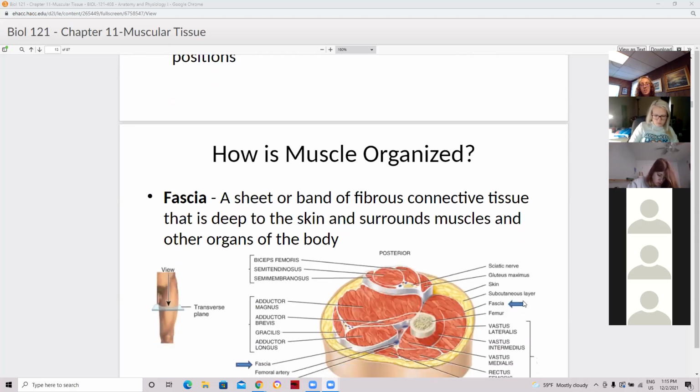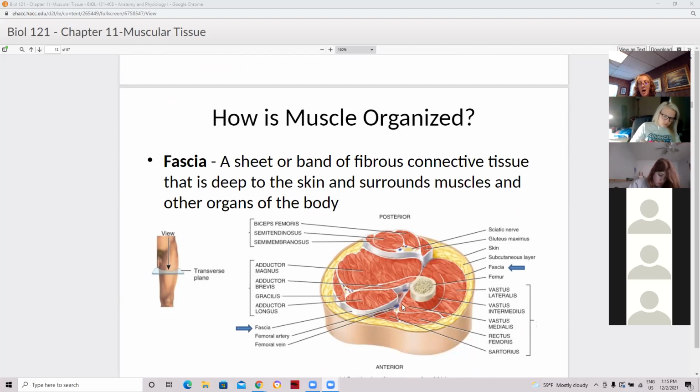How is muscle organized? There are bands of fibrous connective tissue deep to the skin that surround muscle and keep muscle fibers bundled together. You have probably seen these when you were cooking your turkey.